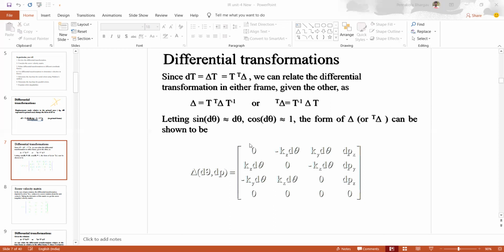For example, take one linear transformation. The position of the end effector is 5, 7. It is subjected to a transformation linearly 5 units along the direction, here called PX, PY, and PZ.